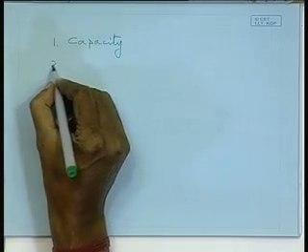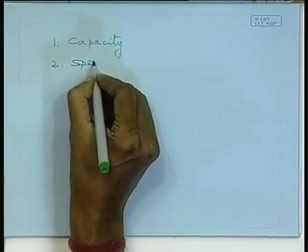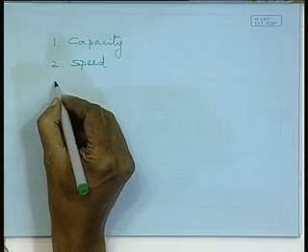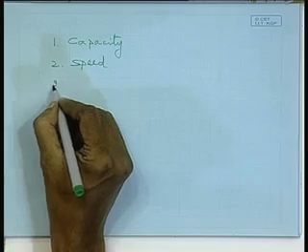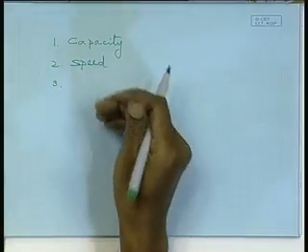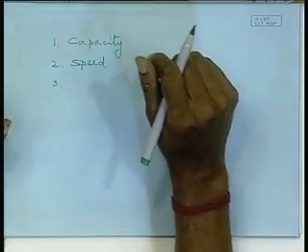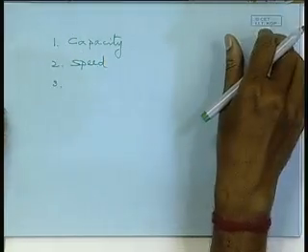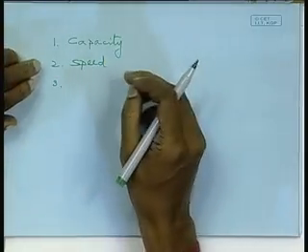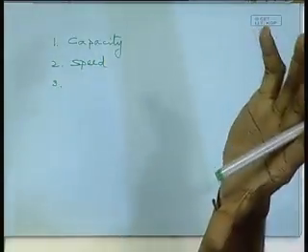Capacity, speed, what else? Budget is later. Cost will come once you spell out your requirement. So, first you give your requirement. What do you want? You want to carry a certain amount of goods. So, capacity, but what goods, that also you have to say, the type of cargo, whether you want to carry crude or you want to carry passengers, it's different, isn't it? So, type of cargo.